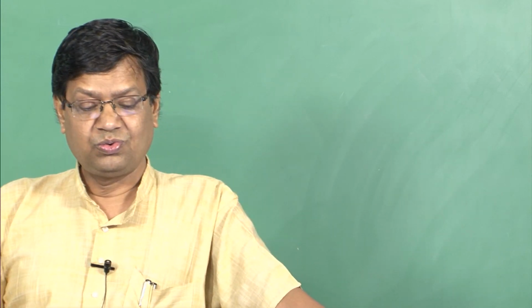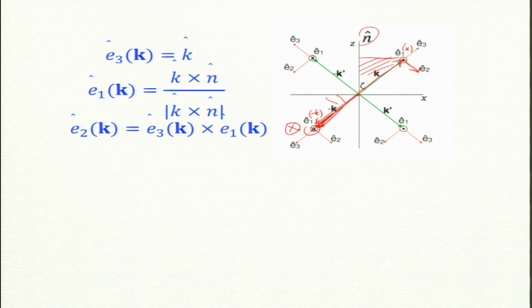What about E2? E2 changes or does not change? So E3 for minus k is like this. So E3 cross E1 will give you E2 in that direction. So E2 does not change. E2 is in the same direction. So my E3 has changed, E3 is opposite.